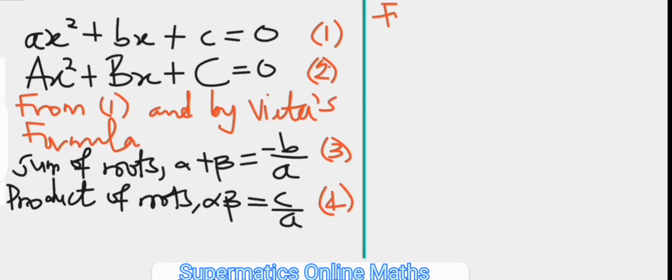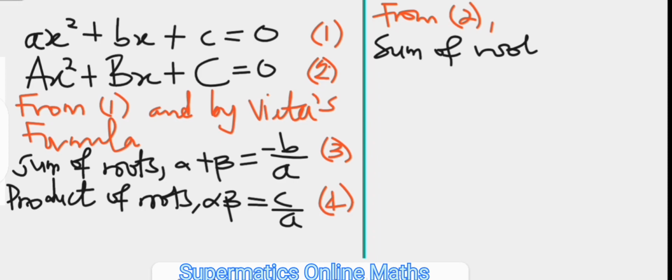Now, similarly from the second equation, still using Vieta's formula, the roots of this second equation are alpha plus k and beta plus k, where k is a constant.